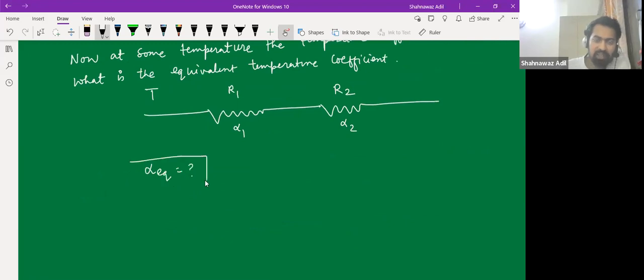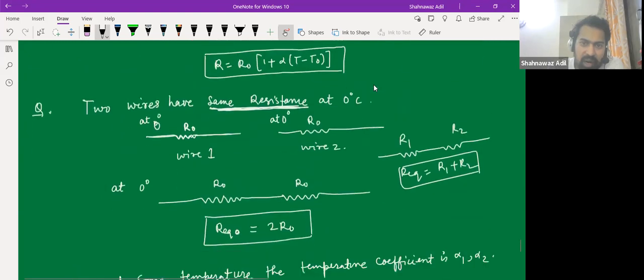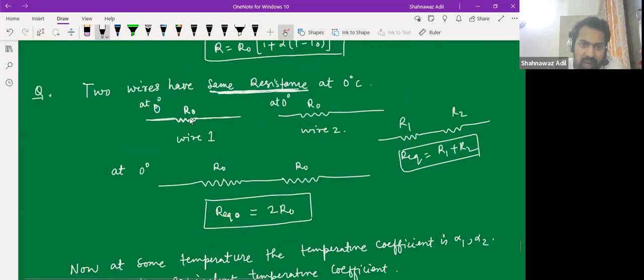Is this question clear? Once again, repeat the whole question. The initial part was that these two wires were at 0 degree temperature, and at 0 degree the resistances were the same.